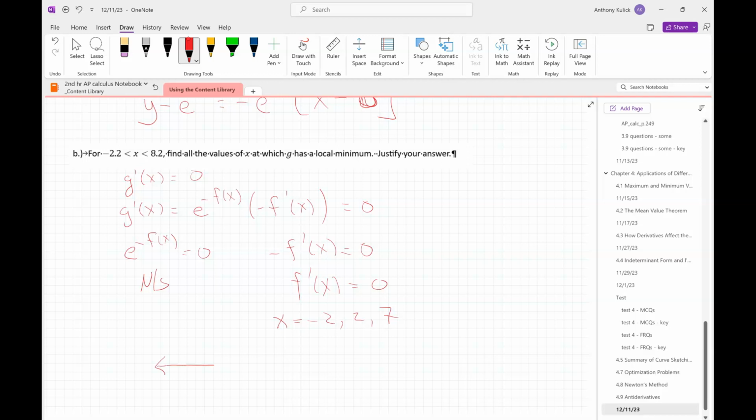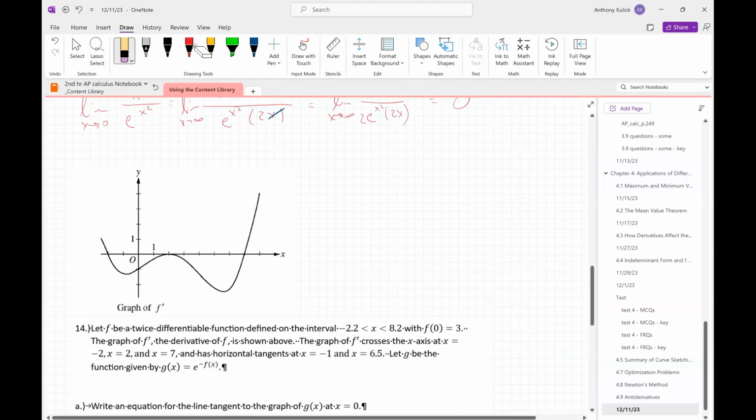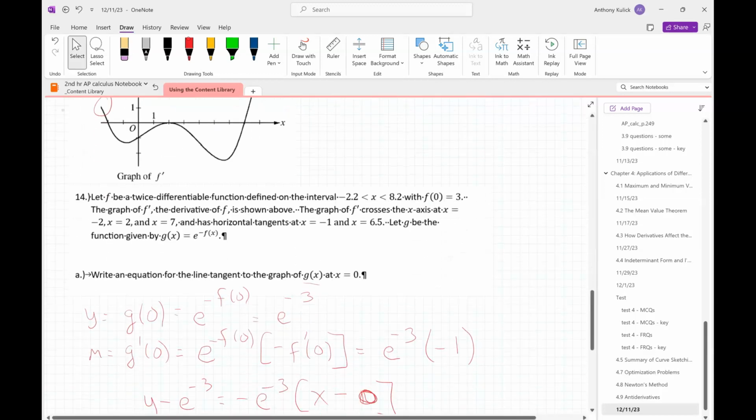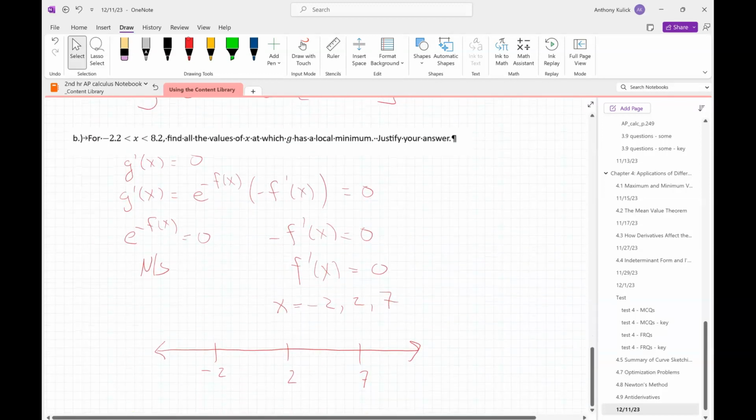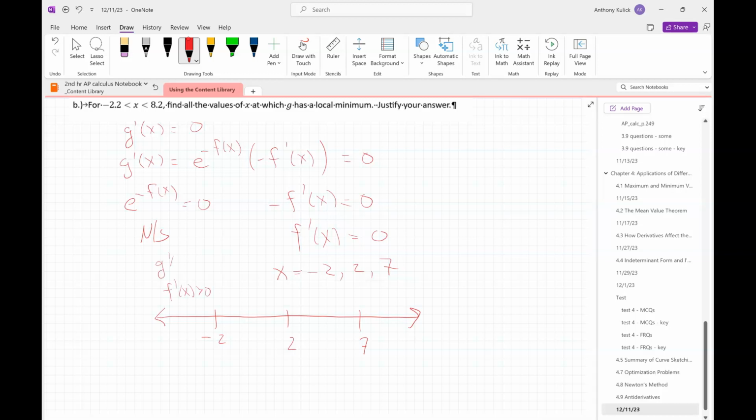Now to decide if they are minima or maxima, I'm just going to do a sign diagram. I'm going to look at what's going on before negative 2. Positive. But I care about what g prime is doing.